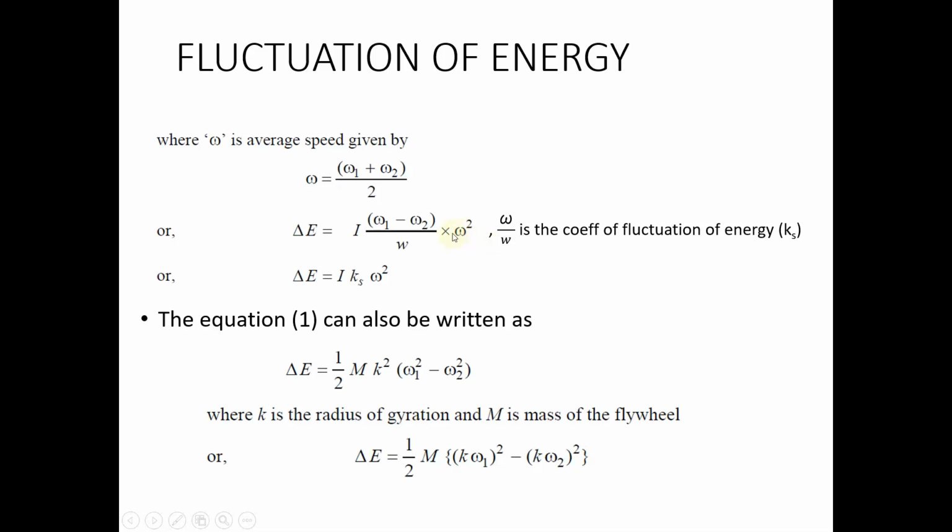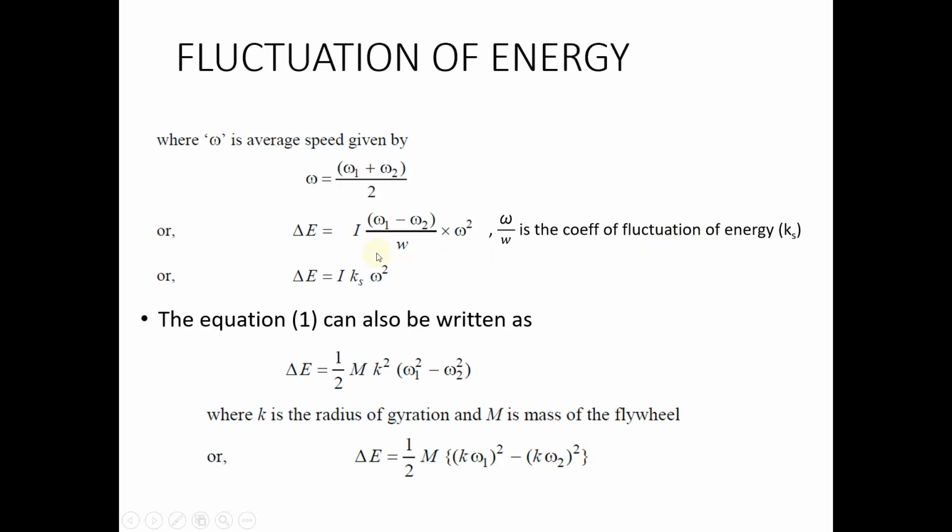So here omega 1 minus omega 2 by omega is the coefficient of fluctuation of speed, represented by small k suffix s. So coefficient of fluctuation of speed is defined as the ratio of the difference in speeds to the average speed.